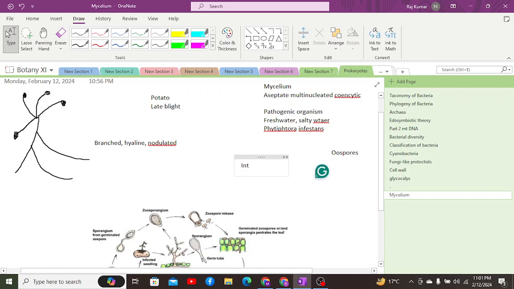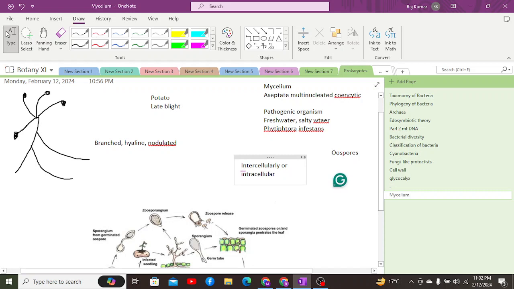The branched hyphae go inside the plant's leaf, and after going inside, they go directly into the mesophyll cells, and at that moment it will absorb nutrients either intercellularly or intracellularly.